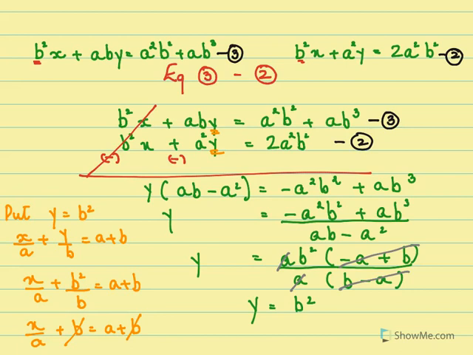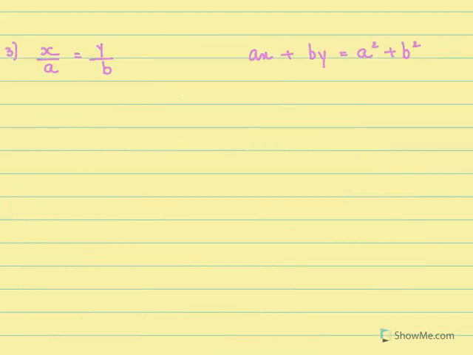So the b cancels out, and I'll have x over a equal to a. So x equal to a into a, and x will be equal to a square. So for the answer, x equal to a square, y equal to b square.